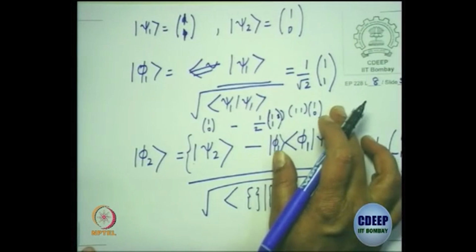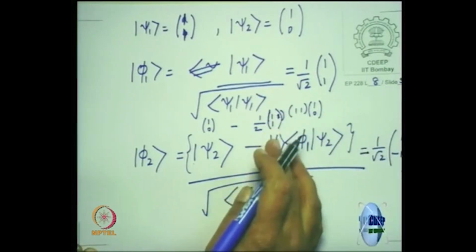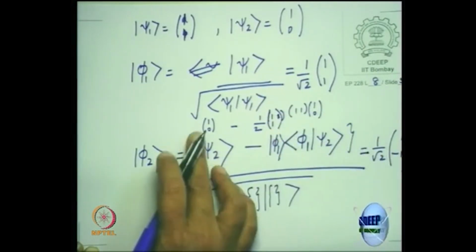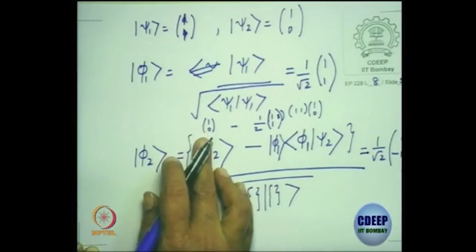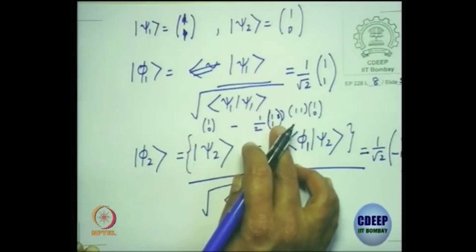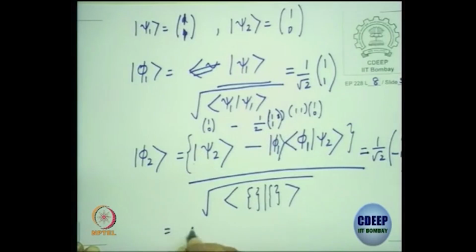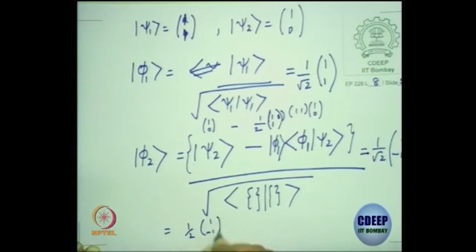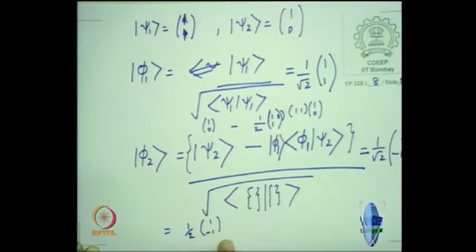That is 1 and this is 1 by 1. So, you will have 1 by 2 and a minus 1 by 2, right? Numerator, but that is not normalized, right?